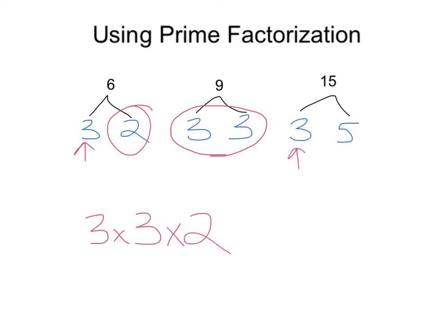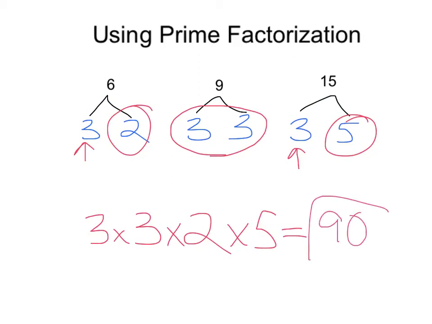Again, we already have the 3, so we don't need it from there, but we need the 5 because it's different. So for the least common multiple of these 3 numbers, we take the prime numbers we've pulled out: 3 times 3 times 2 times 5, which gives us 90. 90 is our least common multiple for these numbers using prime factorization.